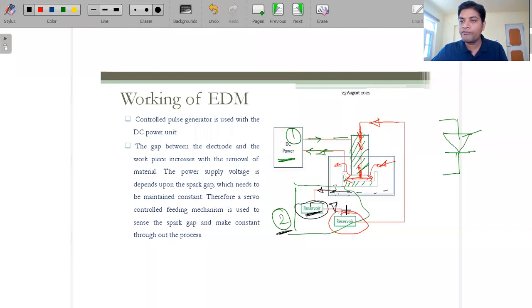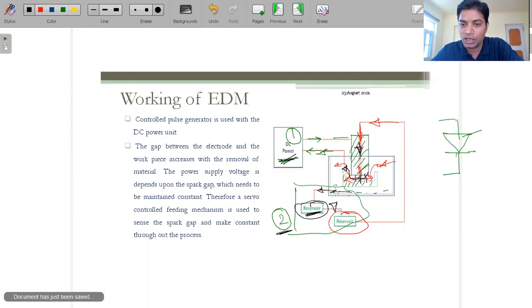After that we are using the filters. Because we are using this DC power supply, a spark is generated and the material is removed. The purpose of using this passage is that whatever material is removed by the spark can flow with the dielectric fluid, because it has some velocity when it enters the intermediate gap.